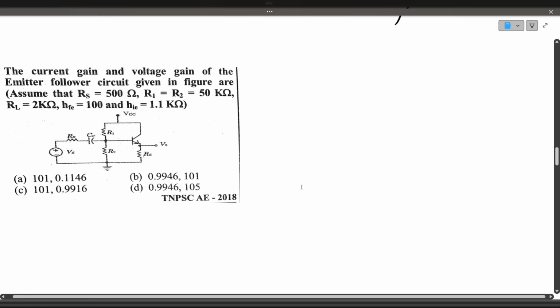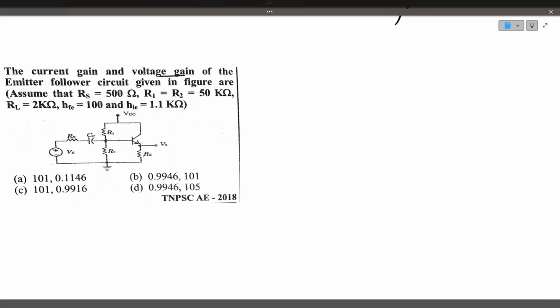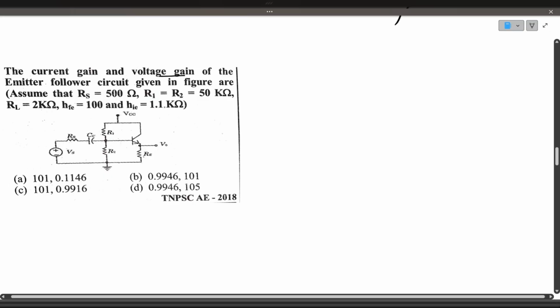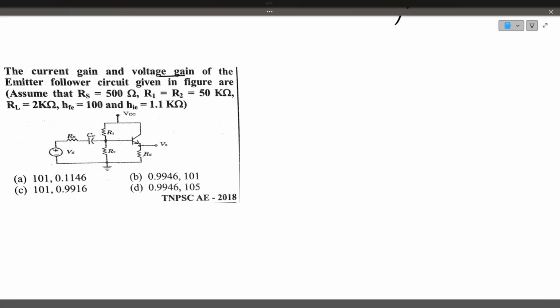If you see the next question, the current gain and voltage gain of the emitter follower circuit in the given figure are. So output is taken across the emitter, and input is given at the base, which means it is a common collector amplifier. For a common collector amplifier, the current gain gamma is equal to 1 plus beta, and voltage gain will be approximately equal to 1.